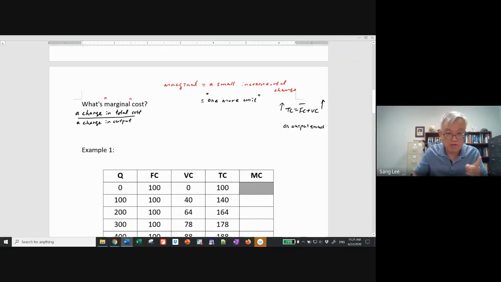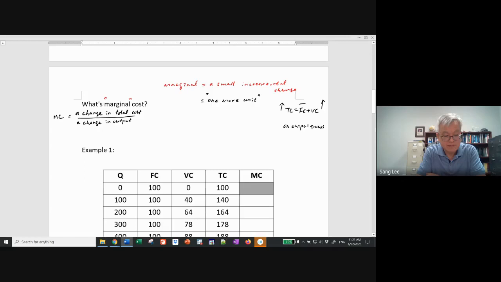So simply we measure a change in output and then how much additional cost occurs. So we measure the change in total cost, and we divide the change in total cost by the change in output, and we call this marginal cost, which we denote by MC.